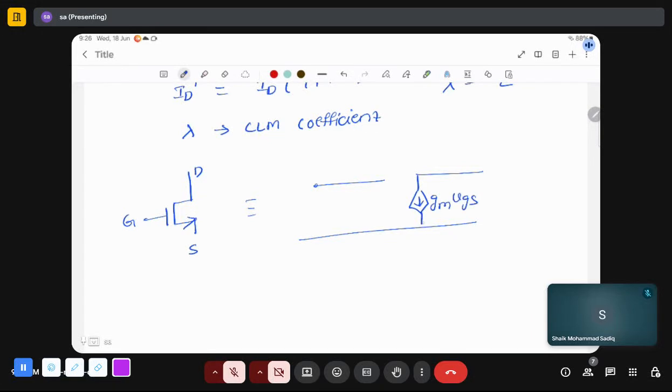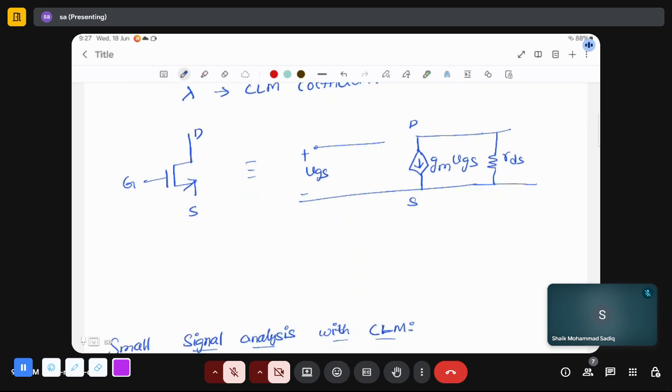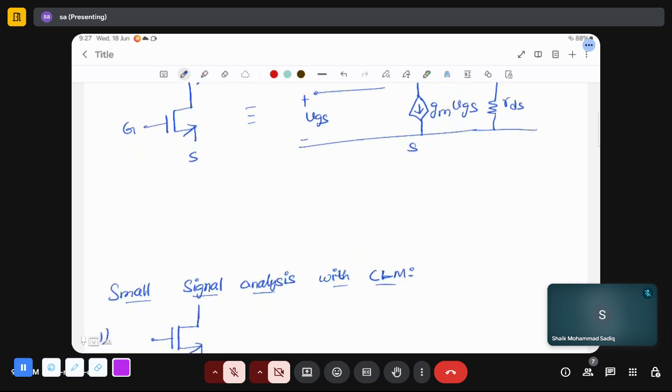The current flowing from drain to source is the same, that is gmVGS, but here you will have an additional resistance RDS from drain to source. This is the only difference between these two models.